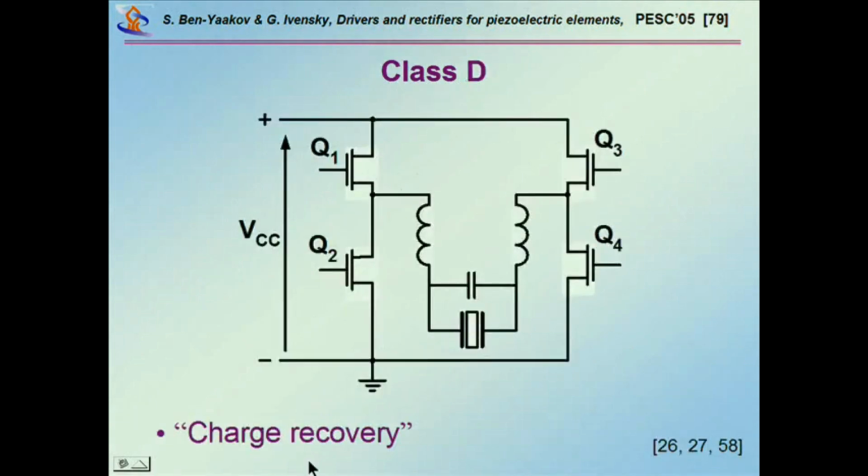Now, another way is to use the Class D, which is basically a PWM inverter, which is modulated. It's running at high frequency, high carrier frequency, high PWM frequency, in order to generate the low frequency that you need here. Again, actuators do not work at high frequencies, they work at fairly low frequencies. Say 1 kilohertz is just about the limit today.